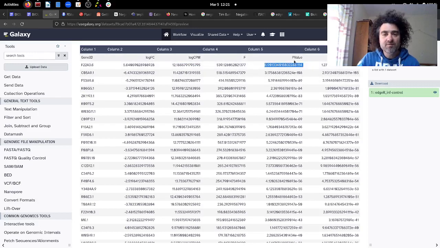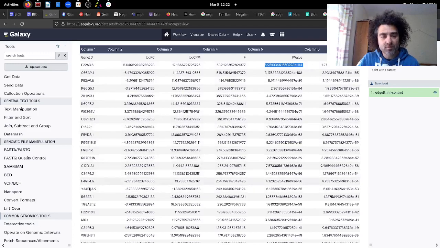This is the p-value for this statistic to be different than 1, I think. So this is the p-value that refers to the null hypothesis that the infection class is the same as the control class.